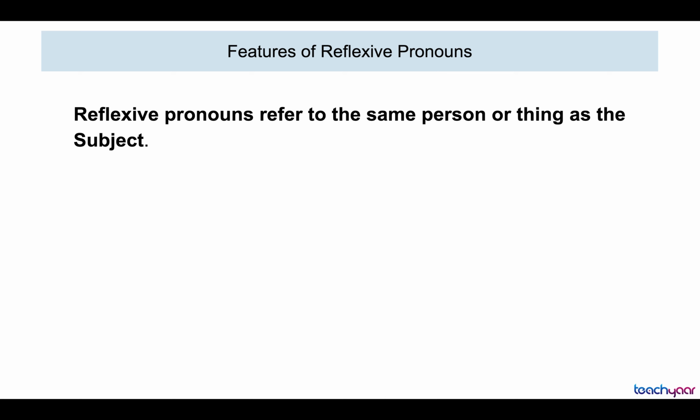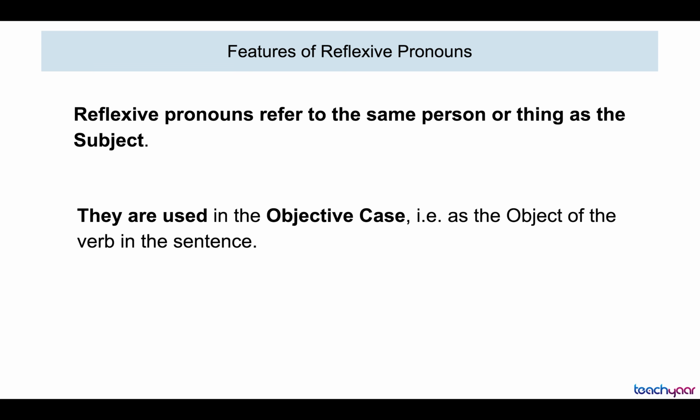Let's see the features. Reflexive pronouns refer to the same person or thing as the subject. Subject is usually a noun. It can even be a pronoun, yes. And this reflexive pronoun refers to the same person or thing as the subject. They are used in the objective case.